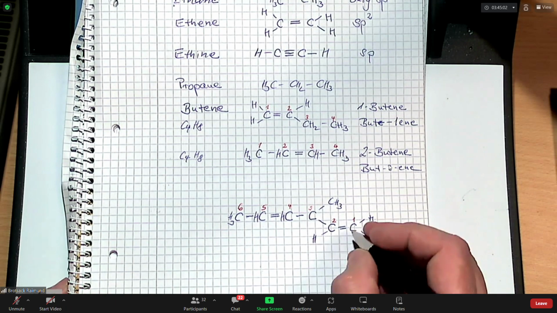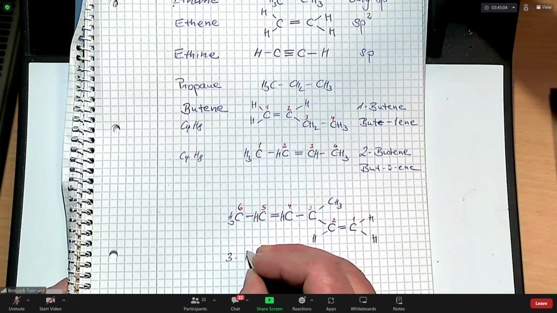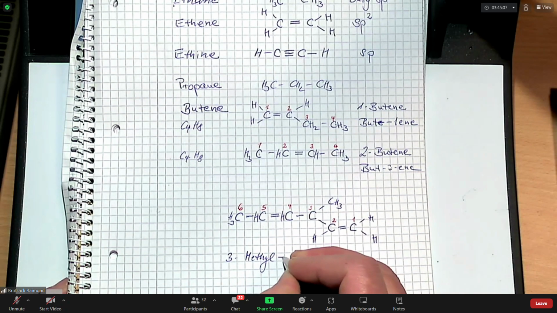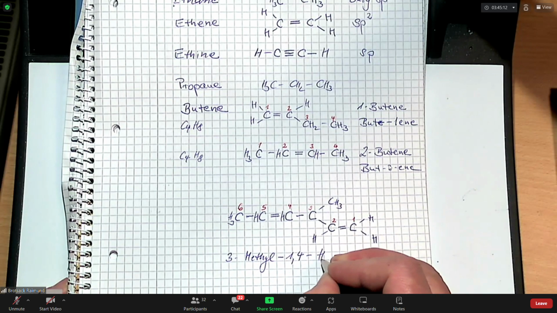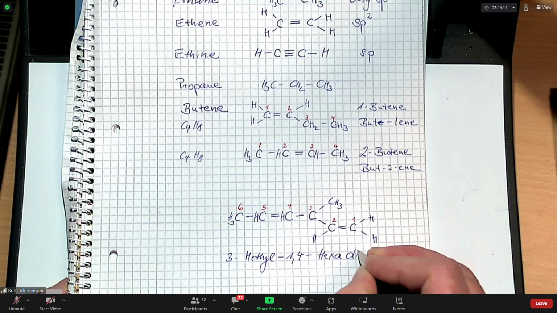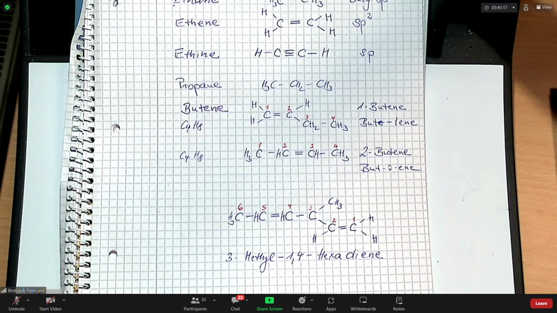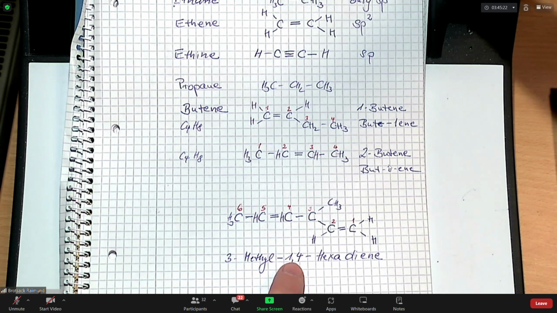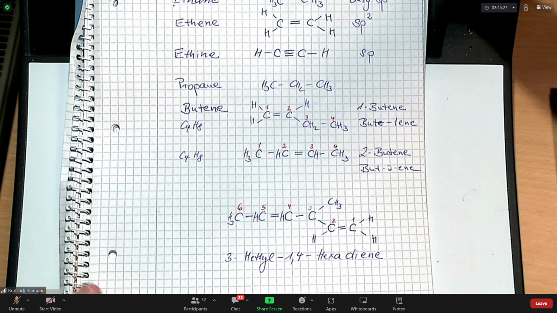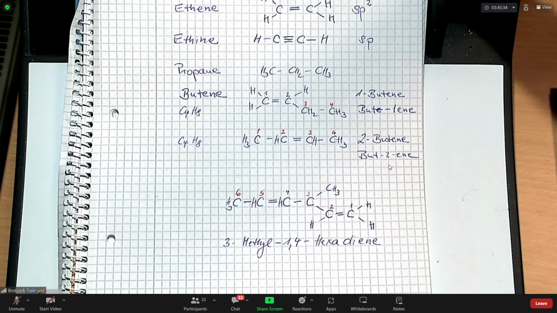So we have 3-methyl-1,4-hexadiene. Di means 2 of them, and 1,4 means the position of the double bonds. So it can be quite a long name, but the systematic is always the same.